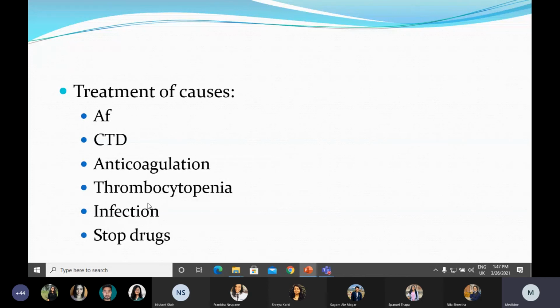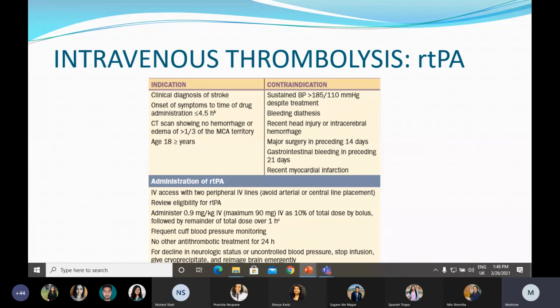If the cause is thrombocytopenia, then we may have to transfuse platelets. If the patient is taking warfarin and because of the warfarin has a hematoma causing a stroke, then we may have to give vitamin K, stop the anticoagulant drug, and we treat infection like meningitis and stop drugs like amphetamine, cocaine, or other drugs that can cause stroke.